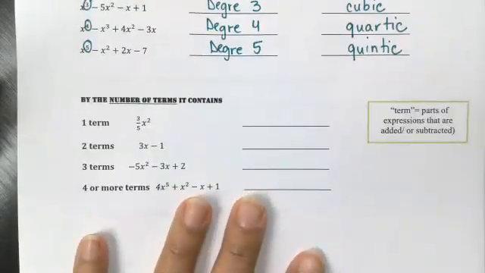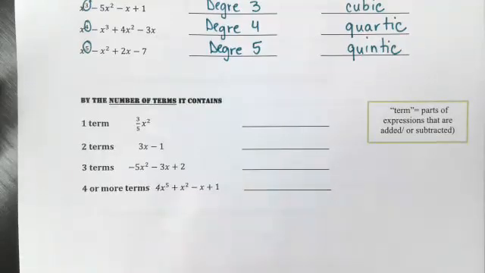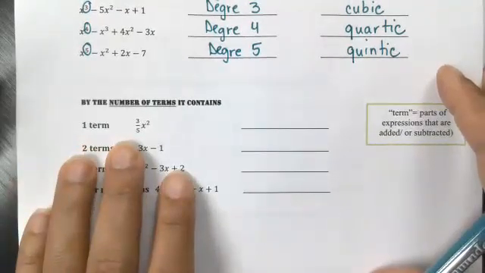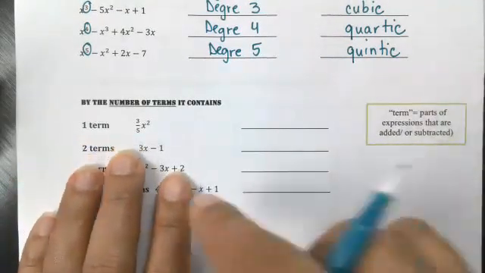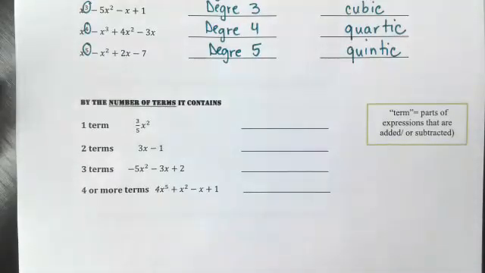And then we can also refer to some polynomials if we want to focus on how many chunks, how many powers make up the polynomial, by the number of terms it contains. So if a polynomial has one term in it, like this one, this is the degree 2 polynomial, but it has one power only in it. Notice it doesn't have anything extra.